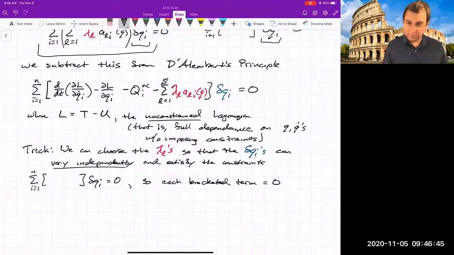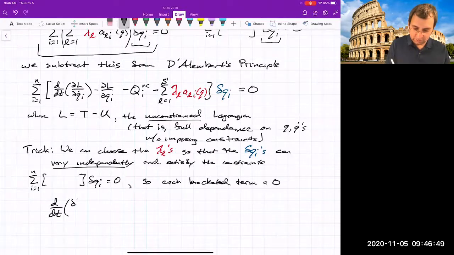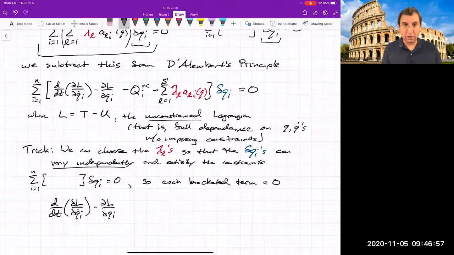And what does that mean? Take this square bracket term and write it in the usual way we've written Lagrange's equations, with the dependence on the Lagrangian on the left-hand side.